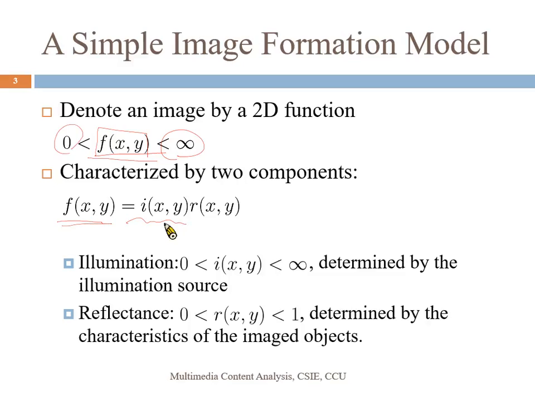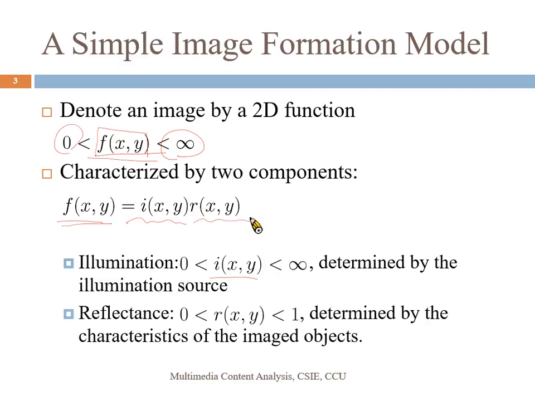The first one is determined by the illumination source, that means the intensity of light emitted to the location x and y. This is called i(x,y), and this value may be from 0 to infinity, depending on how the illumination source emits the light.